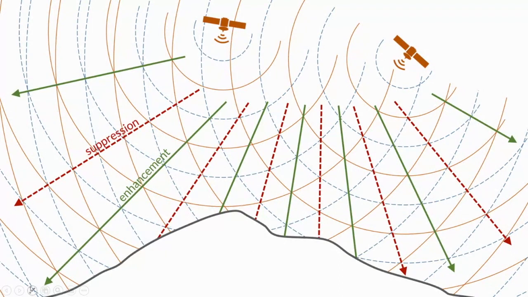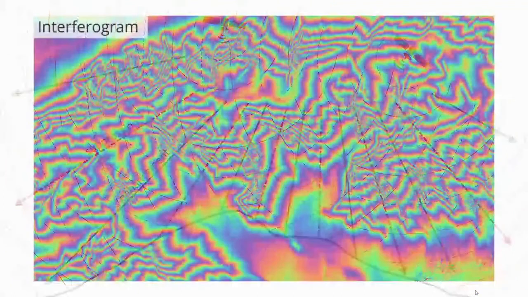Let's simplify it a bit, but we can take a radar photograph of these phases changing from enhancing to suppressing to enhancing again. We can build something called an interferogram, like this one, and then unwrap it in quite a sophisticated way.